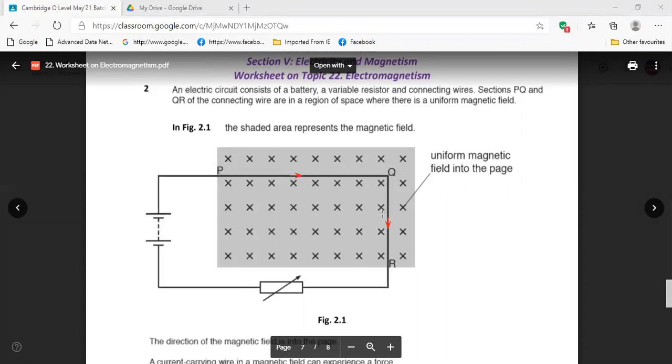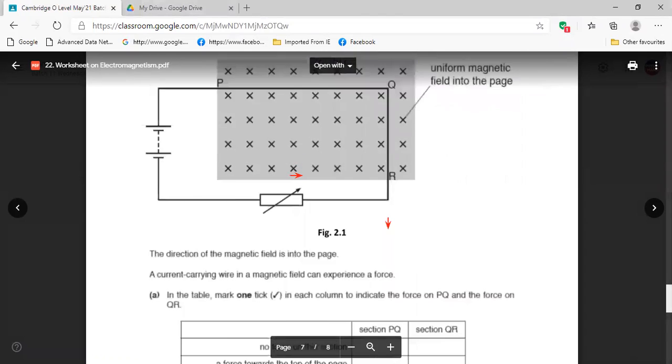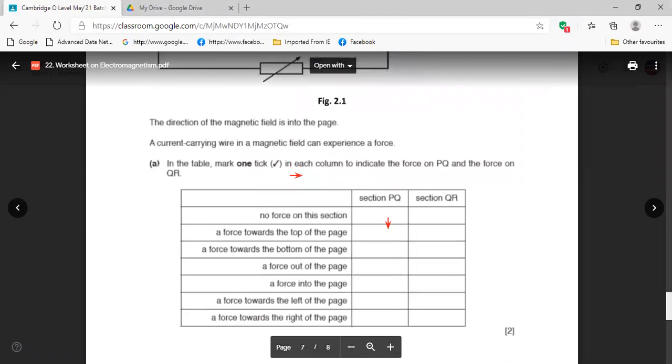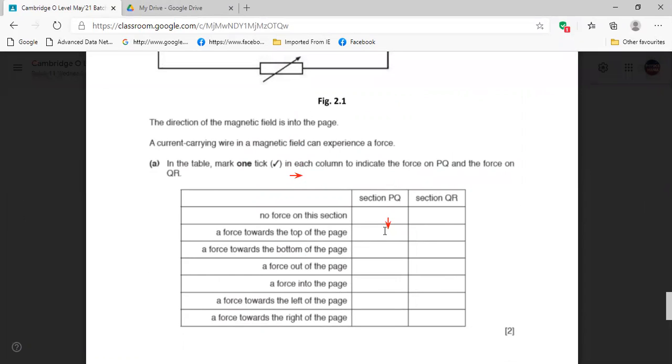And for QR, you change the direction of the current, then you see the force, or the thumb, is to the right side. So we are getting the answer from here. For section PQ, a force towards the top of the page.